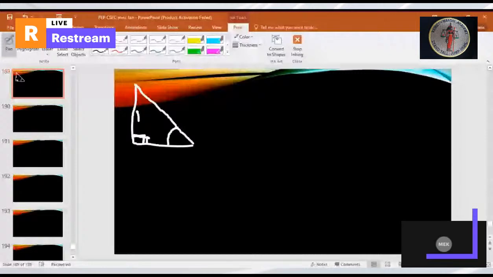So by looking for the box, you can tell it is the right angled triangle.